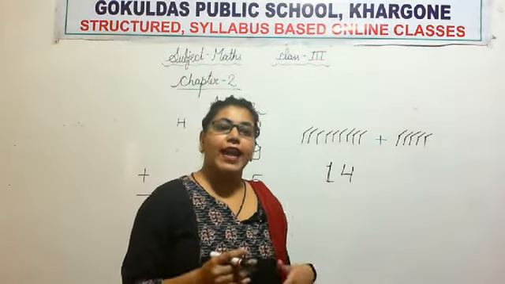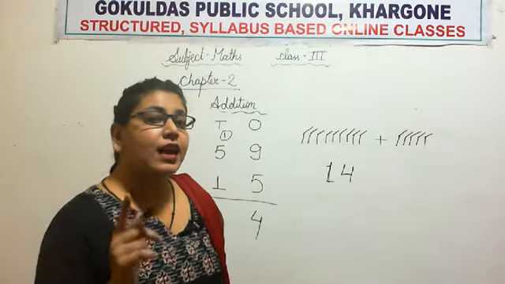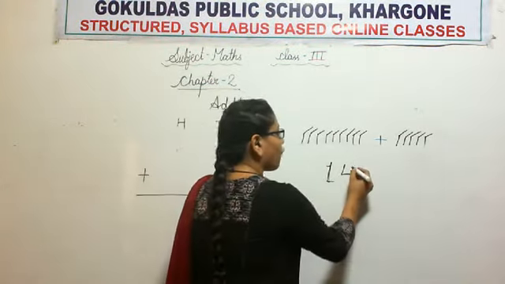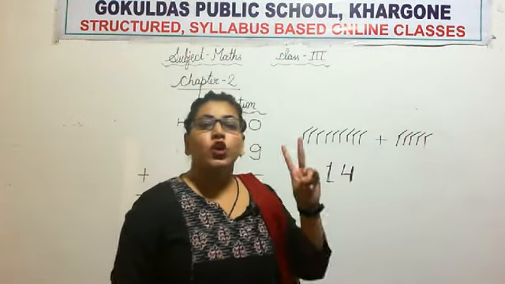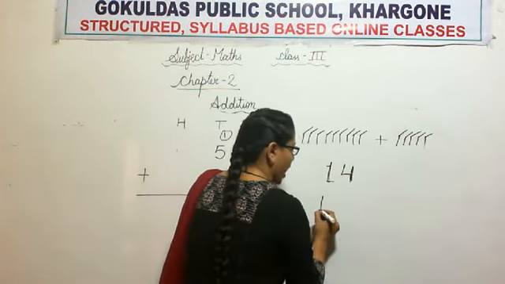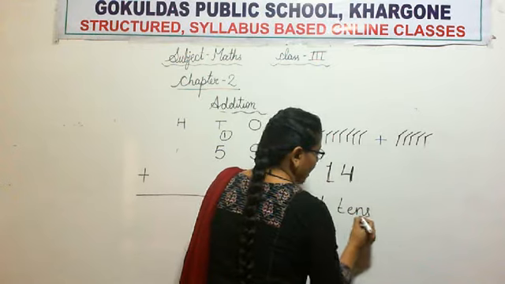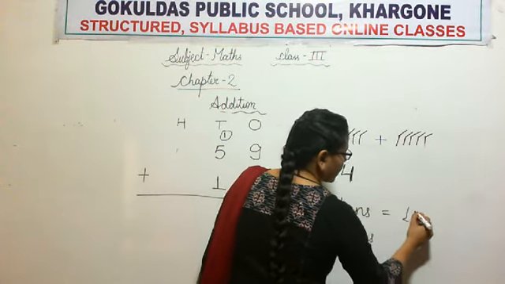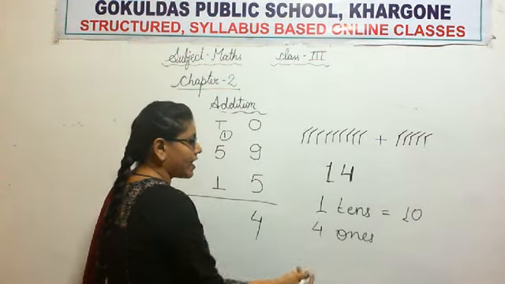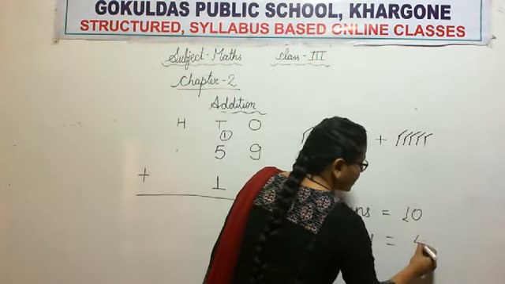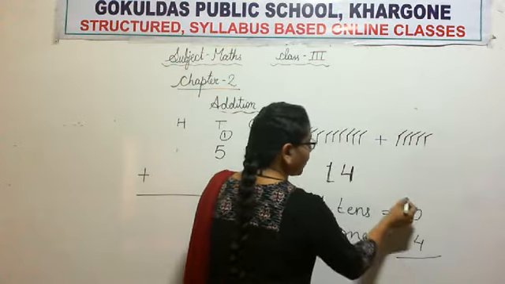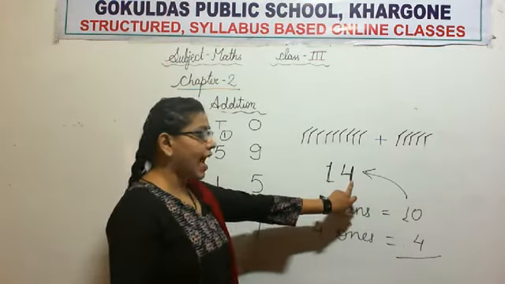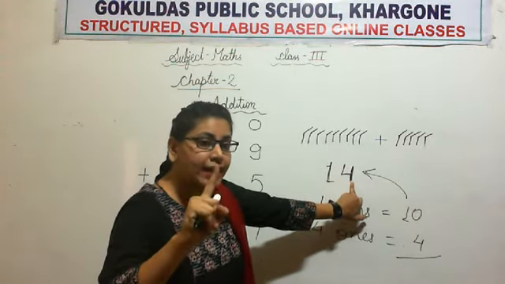Simply we can understand it like this, but the concept should be known. 14 has 2 digits, 1 ten and 4 ones. 1 ten means 10 and 4 ones means 4.